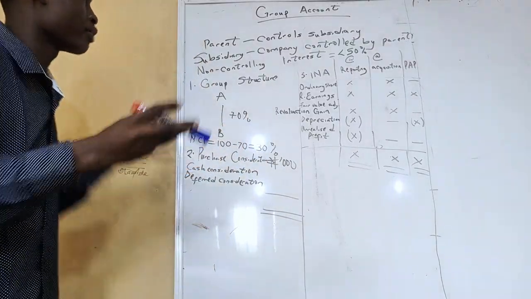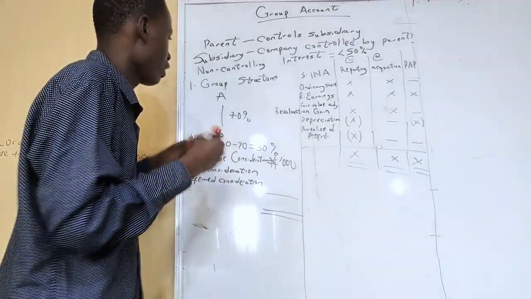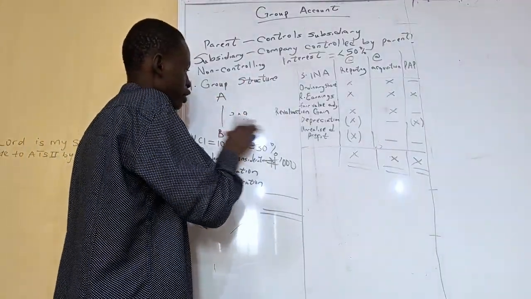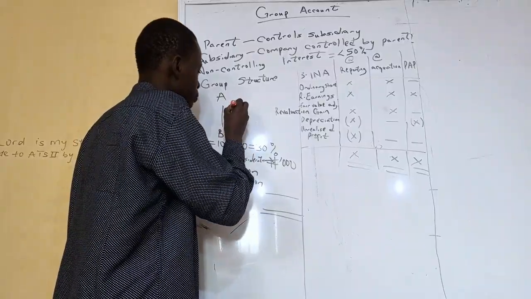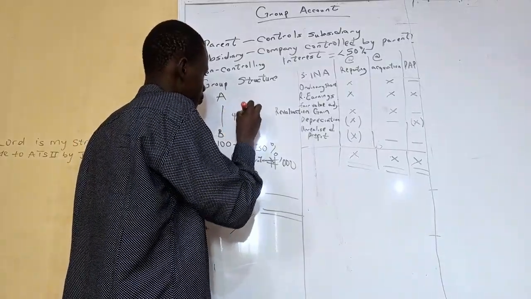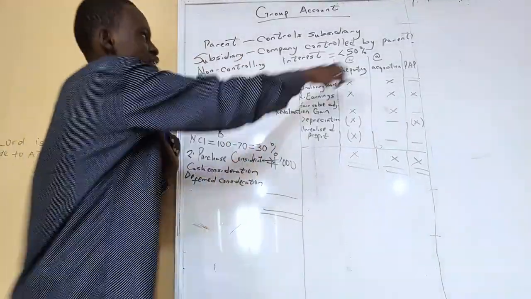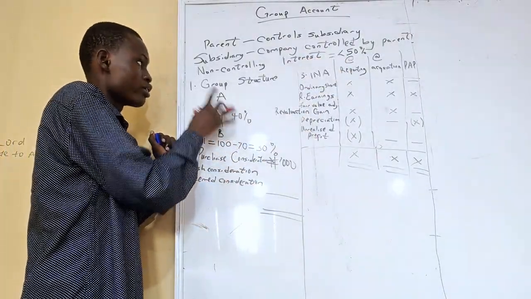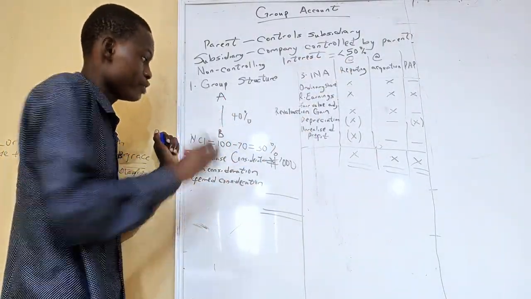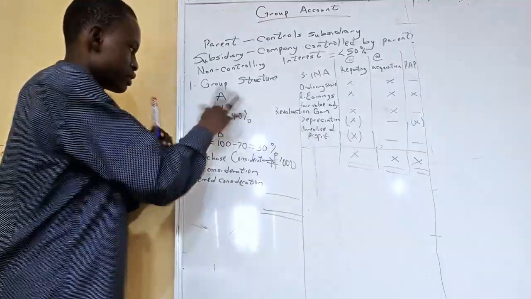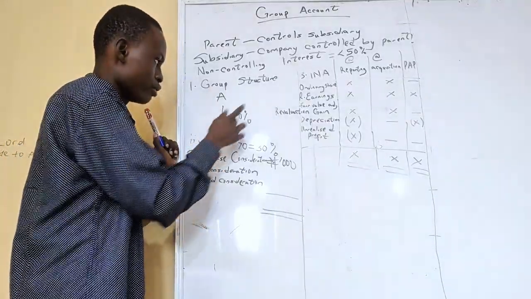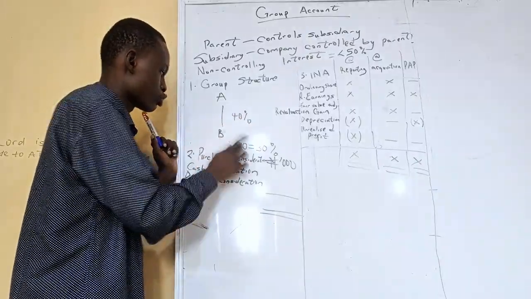But there are some cases where, let's say, A acquires 40% of B. Then, since it is less than 50%, A itself is a non-controlling interest of B. So this diagram, A acquired B 40%, is the group structure.